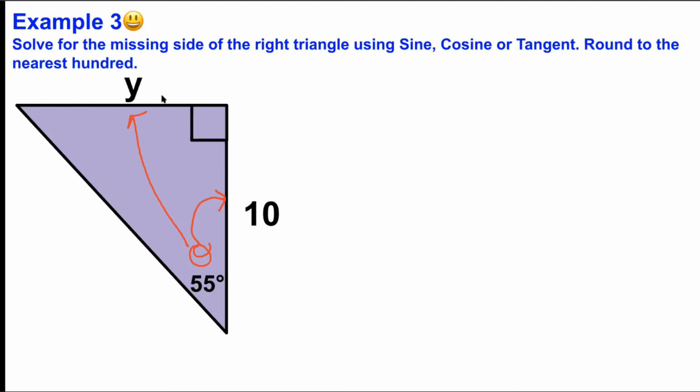If you have to go across your triangle, it's opposite. Now 10, if I have to go right next to it, curving my arrow to go next, it's adjacent.